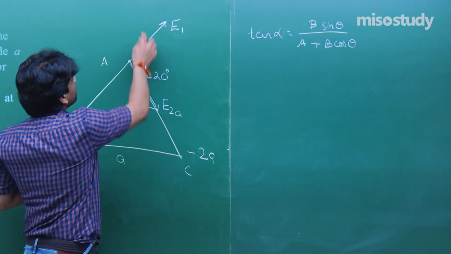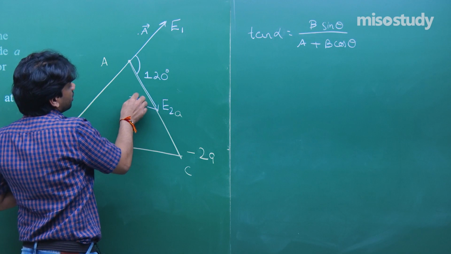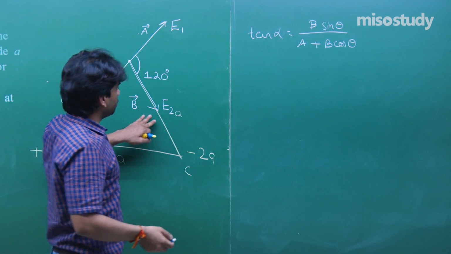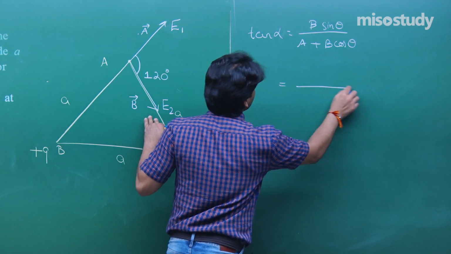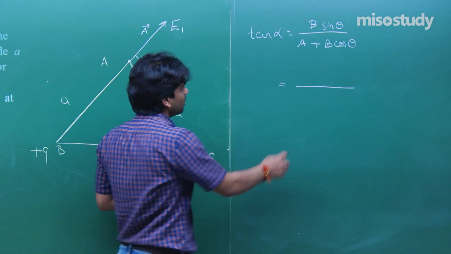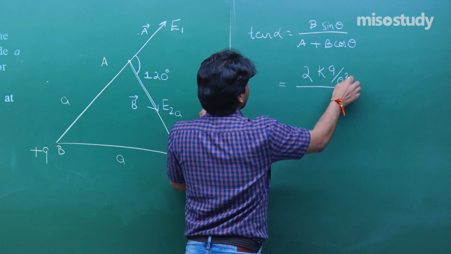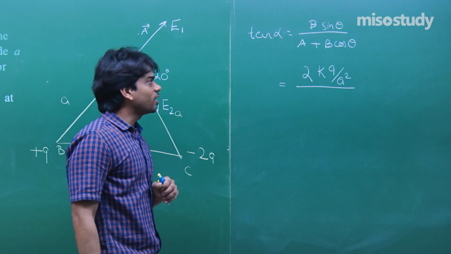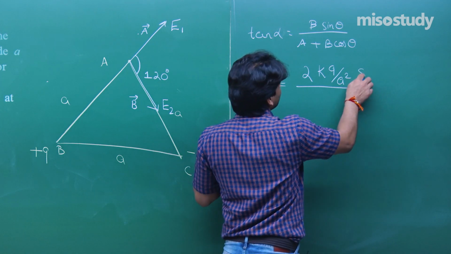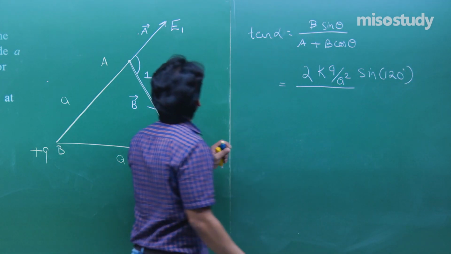Let's say this is vector A, and this is vector B. So b sin theta: the E2 value is 2 kq by a square, and sin 120, upon a plus b cos theta.